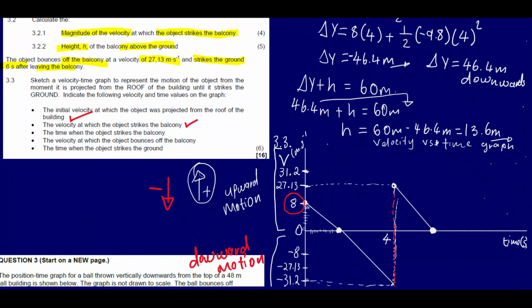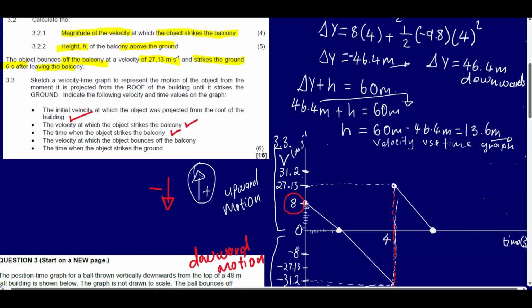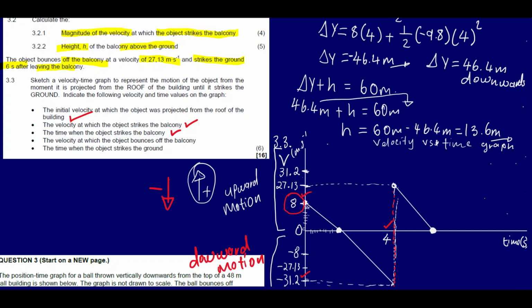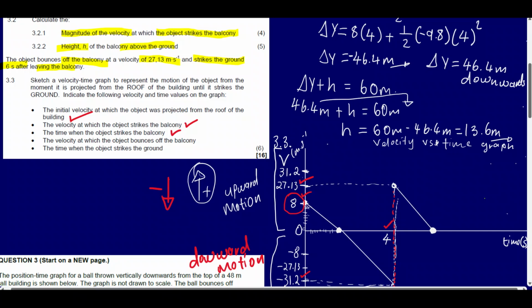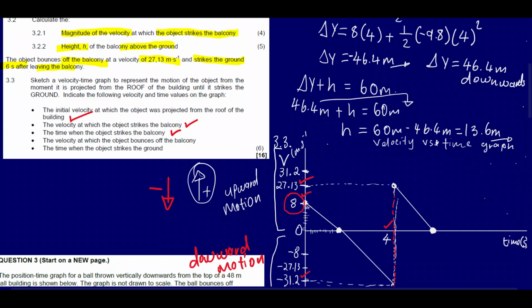So it's negative because it's going down as it hits the balcony, right? So the time the object strikes the balcony is already indicated there, right? We've indicated this, and we've indicated the 8, and we've indicated the time, right? What else? The velocity at which it bounces off, we've also indicated it. It's there, right?